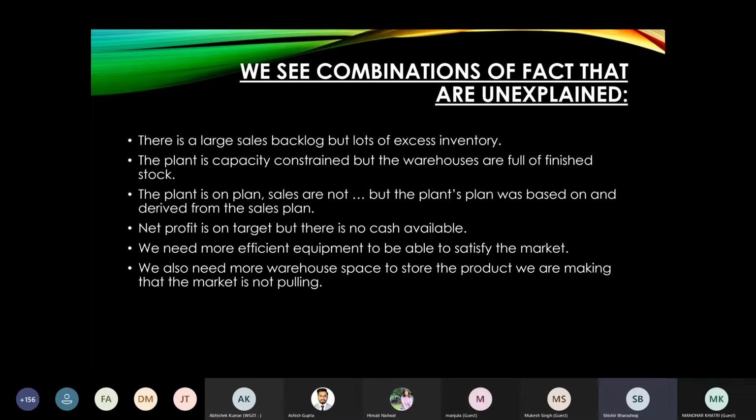How is it that the plan that the plant works on does not meet the sales target, but it has been derived from the sales target itself? This explains the mystery that somewhere down the line we are only going about compromising or finding a trade-off, what we call optimizing in any other word.